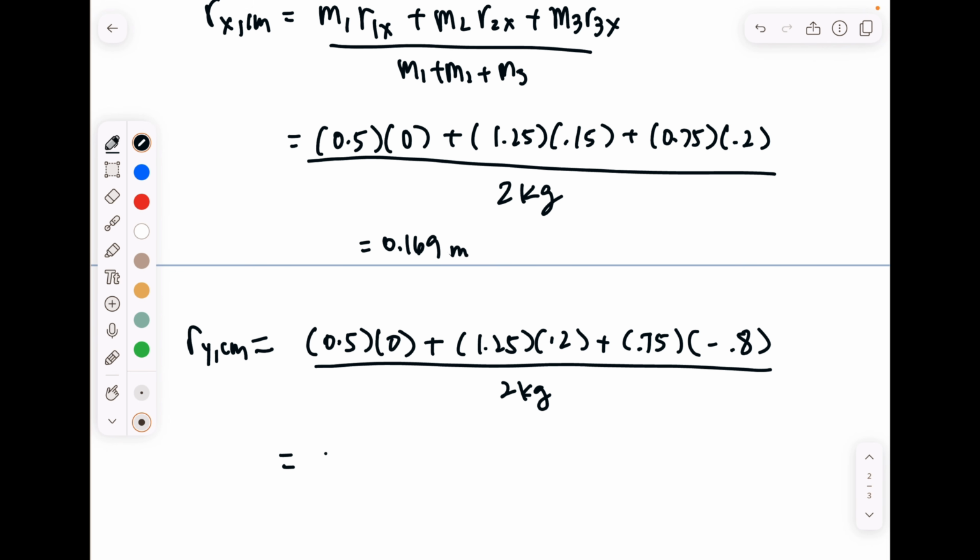And then the center of mass, y coordinate, I got 0.175. So over 0.17, down about 1.18.